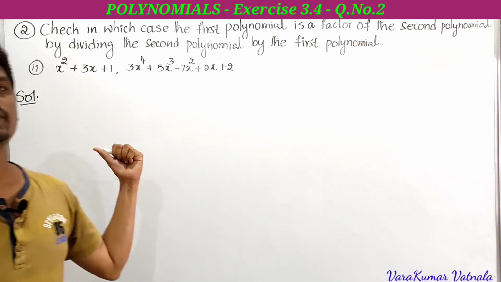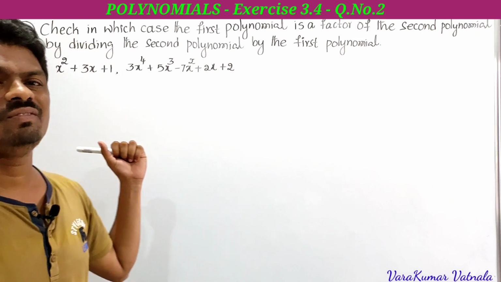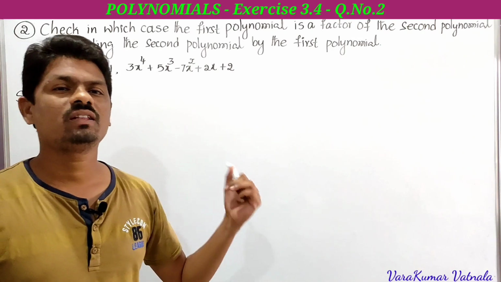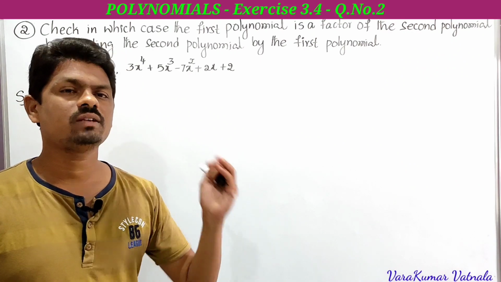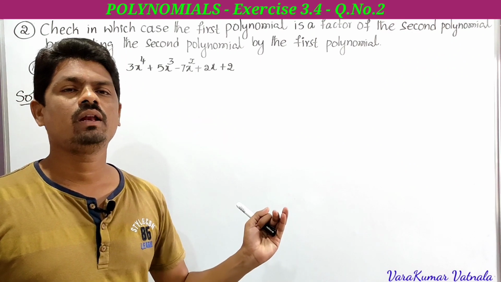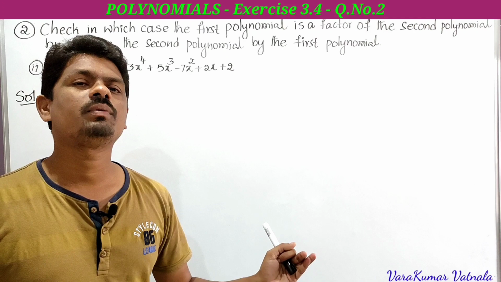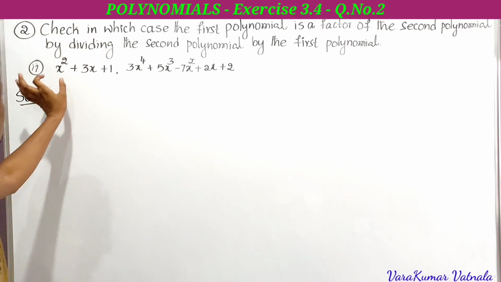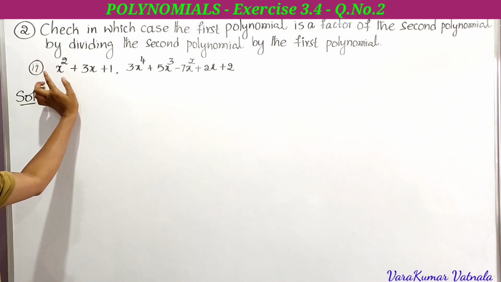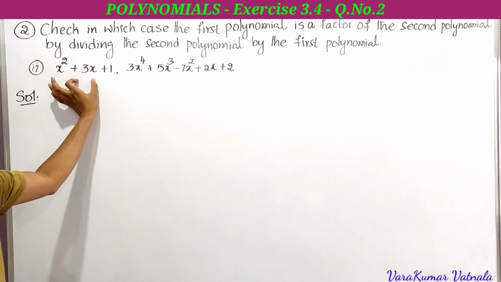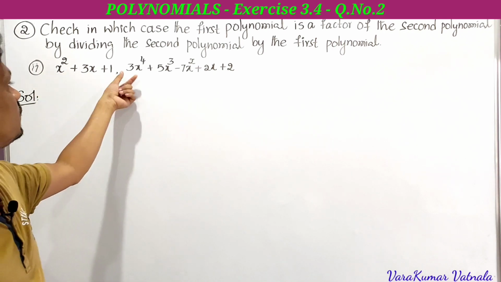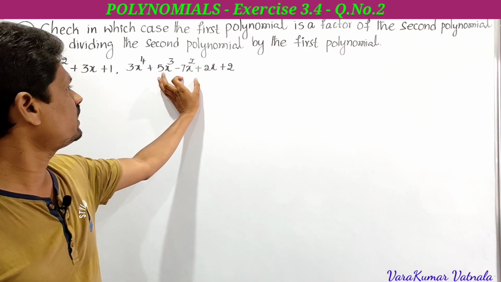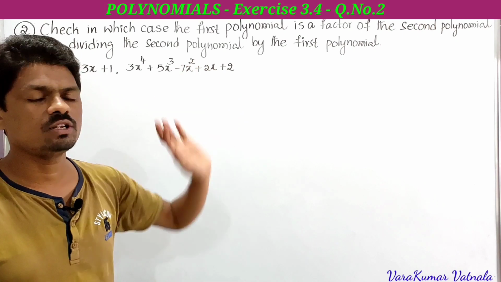This is the second bit in the second problem. Again he has given two polynomials here. He is asking to check whether the first polynomial is a factor of the second polynomial by dividing the second polynomial with the first polynomial. See here what he has given: x square plus 3x plus 1, comma, 3x to the power 4 plus 5x cube minus 7x square plus 2x plus 2.